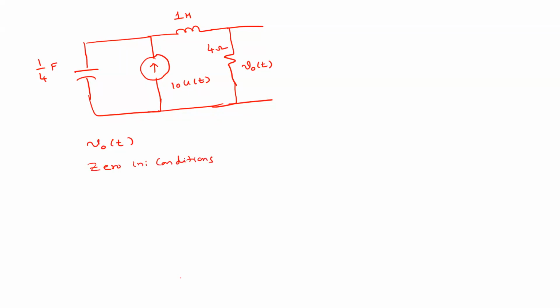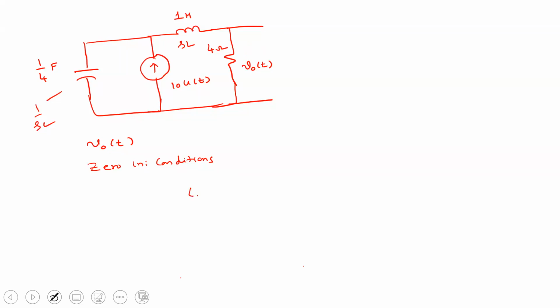So find V naught of t. Okay. What is the first step? Convert this circuit into its equivalent S domain, right? So it will be 1 by SC, it will be S into L, and this remains the same. Okay, so do that. I will provide the answer.